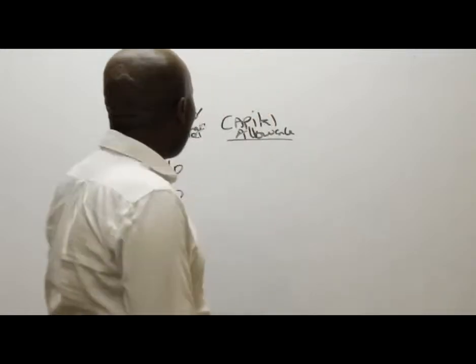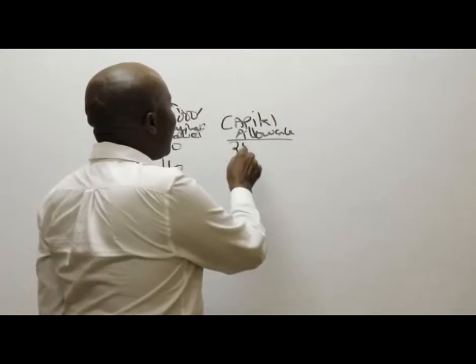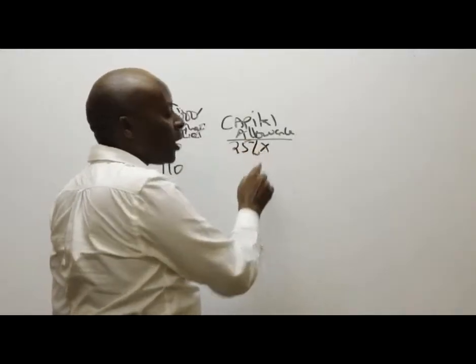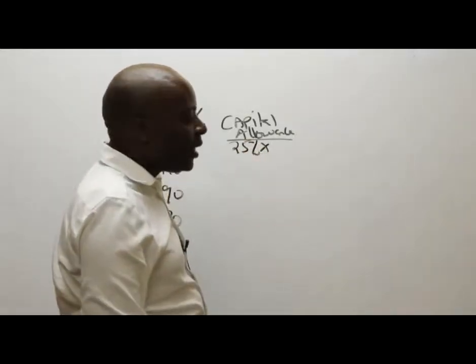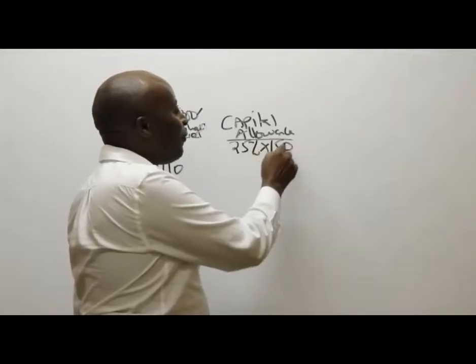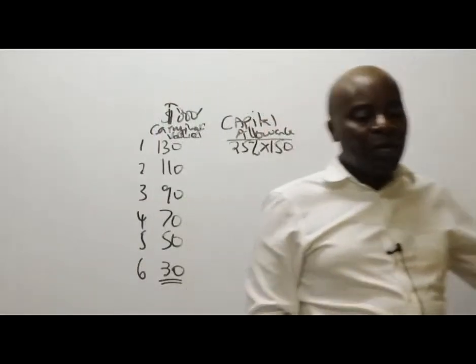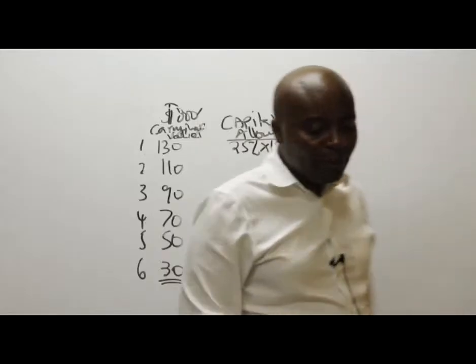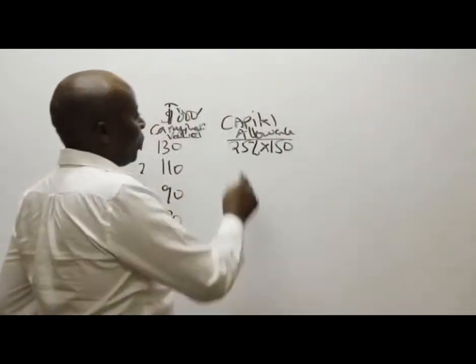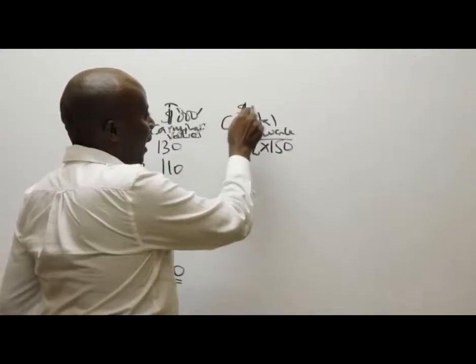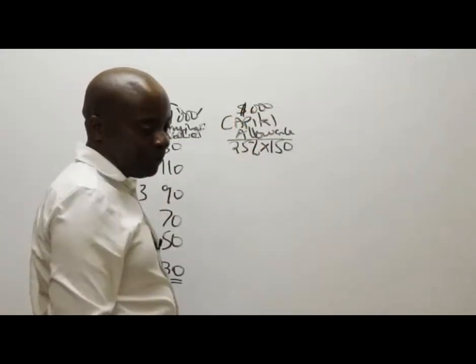The first year's capital allowance is 25% of the original cost. And the original cost here was 150. Please remember, our figures are in terms of $thousands, so cut the 3 zeros.